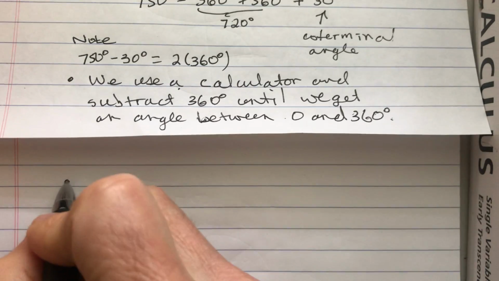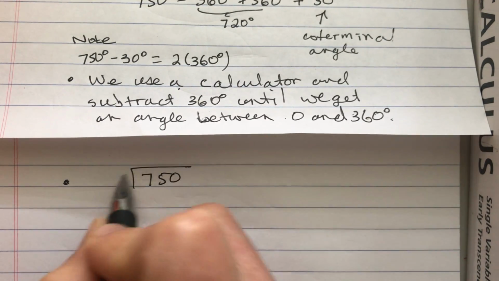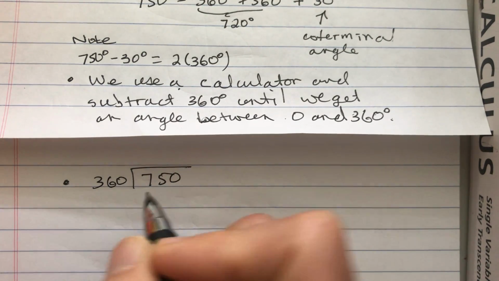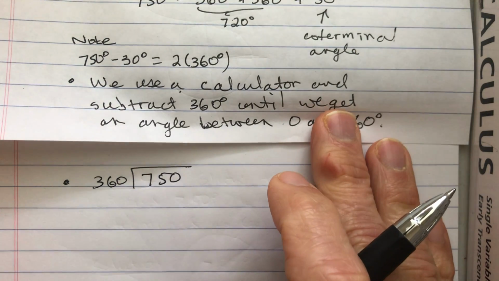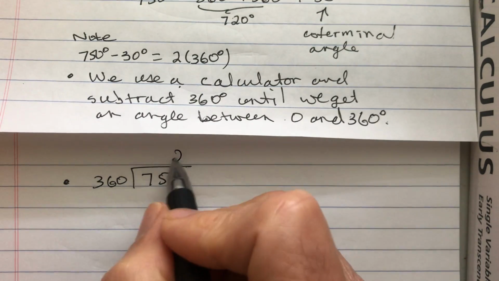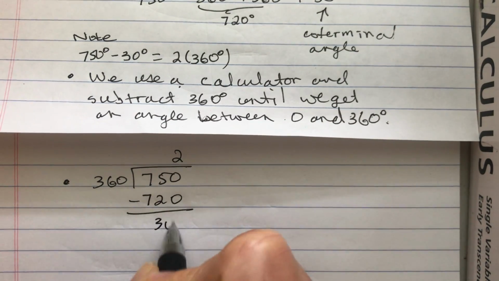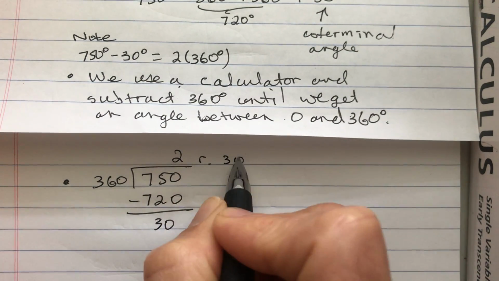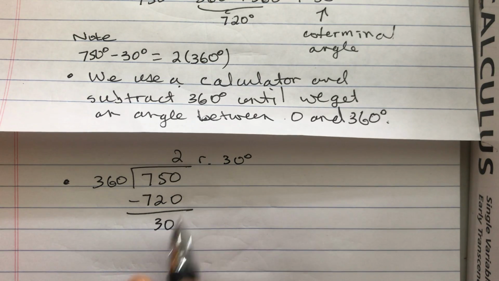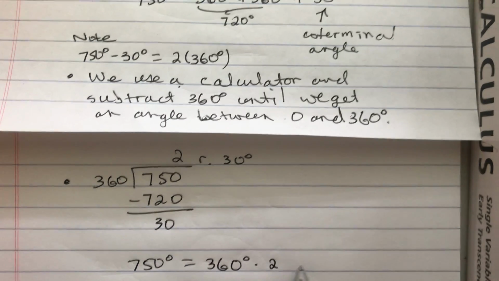But here's another way we can do this. We take 750 and divide by 360. Well, this of course is long division, which is also not really the top thing that people like to do at all. So we see that this statement gives that 750 is equal to 360 degrees times 2 plus 30 degrees.